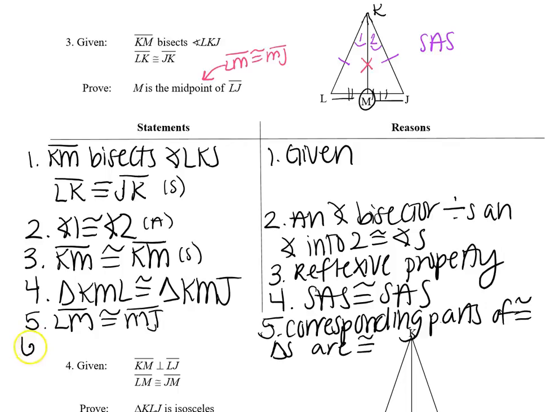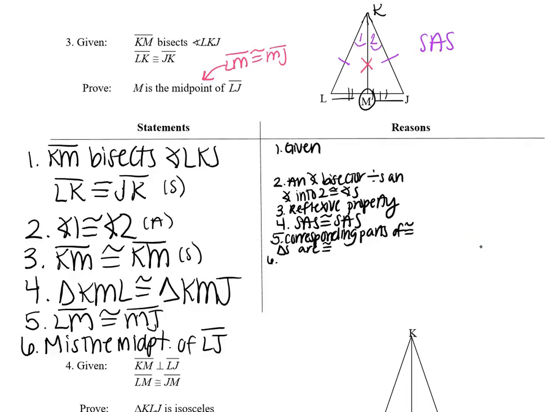So at step 6, we're going to say M is the midpoint of LJ, and that's because, let me actually give myself some more room here. Okay, so I just shrunk up everything from before to give myself room.